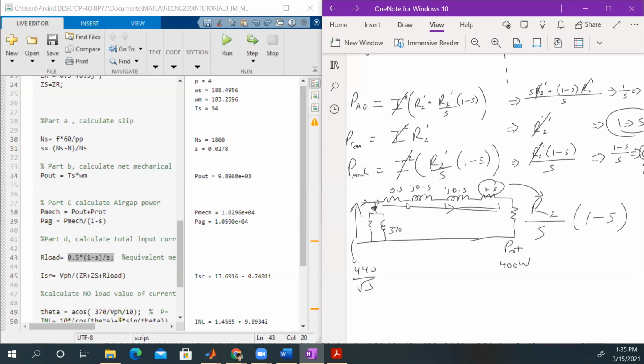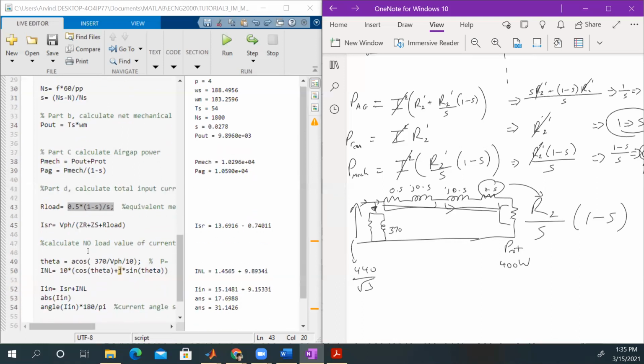So rotor impedance plus stator impedance plus load, and that gives us one value of current, right? And then we need to calculate down on this branch here. So we use the 370 watts and 10 amps, right? So 370 watts, 10 amps, this is when it is on no load. So we're just looking at this branch here.